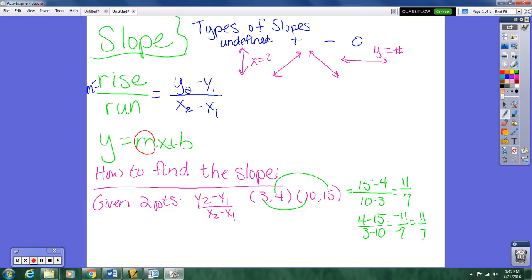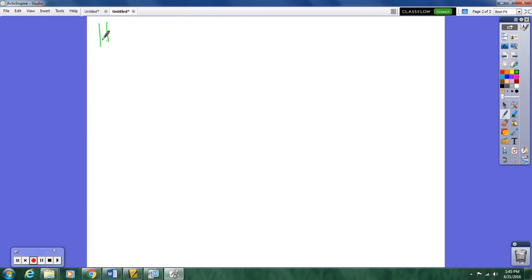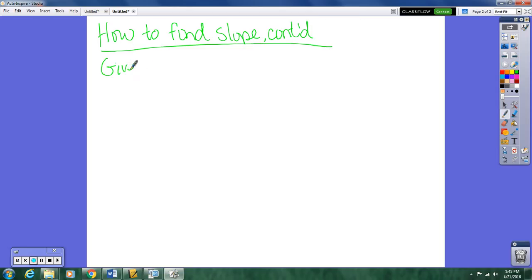Alright, how do we find the slope? Again, this is continued. How to find the slope given a graph? How do we find the slope given a graph?